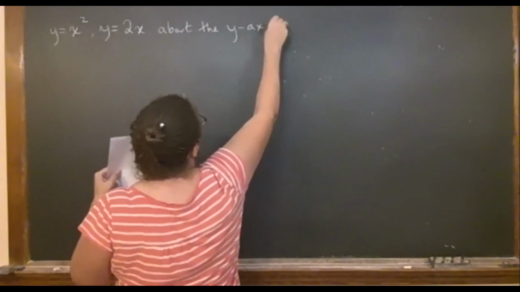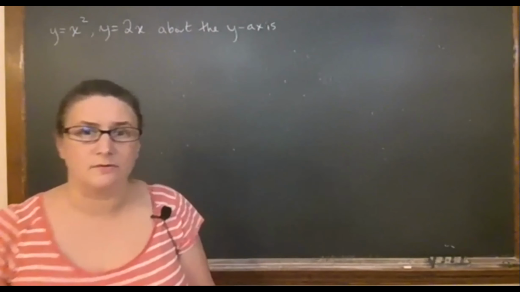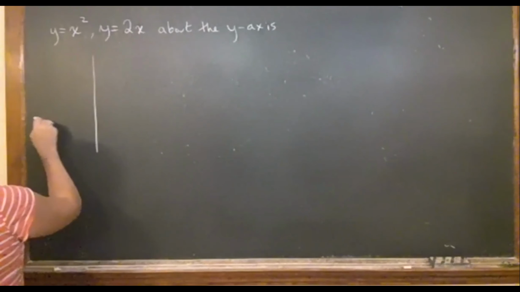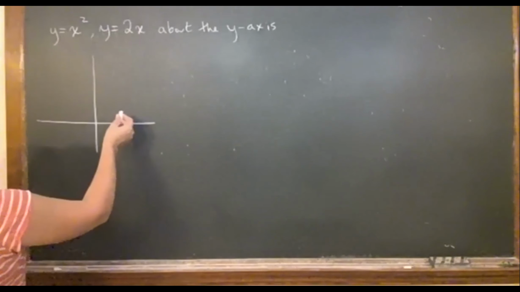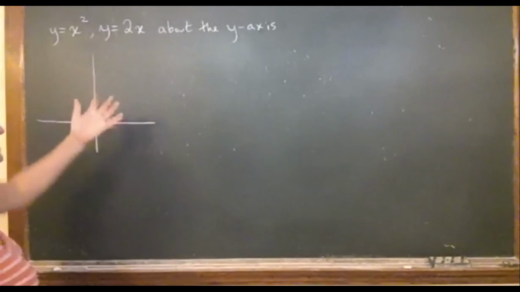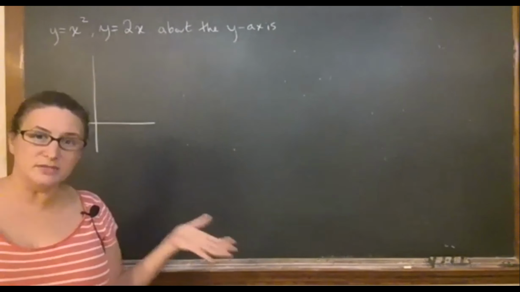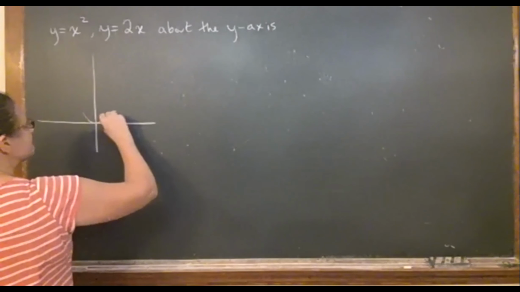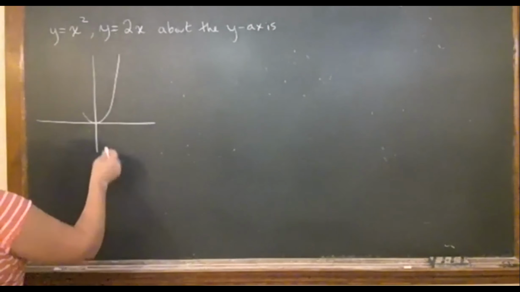Okay, so I need to draw it to figure out what's going on. Luckily, these aren't too hard to draw. They didn't tell you it was in the first quadrant, but you know it's got to be in the first quadrant, because if I do y equals x squared, it looks like this.